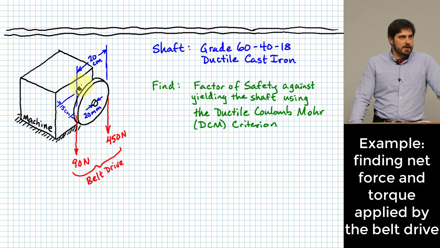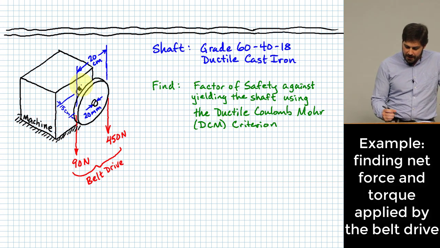Let me do this. This is probably going to be a helpful thing. I can take these two forces applied out on the edges of this pulley and imagine relocating them to the center of the shaft. That's okay for me to do as long as I also evaluate the torques generated by those two forces.